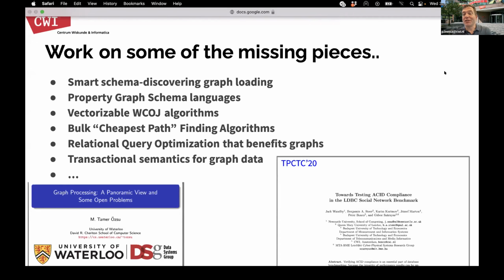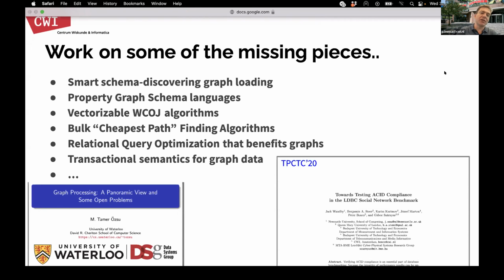We at CWI are very interested in efficient worst case optimal joins, and specifically we would like to have a vectorizable worst case optimal join, because the hash based one that Umbra uses is suited for their JIT code generation approach, which goes more like tuple at a time.